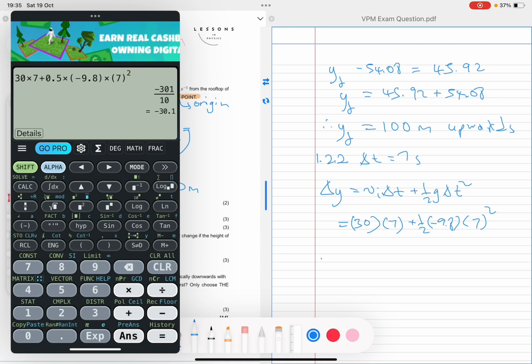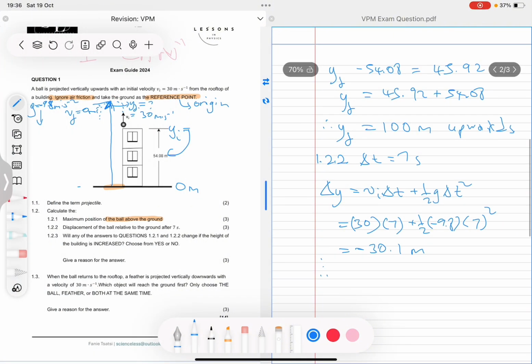So this gives me negative 30.1 meters. Now, if I get a negative answer, it means this object is being displaced in the negative direction. It's going downwards, right? It's going downwards.